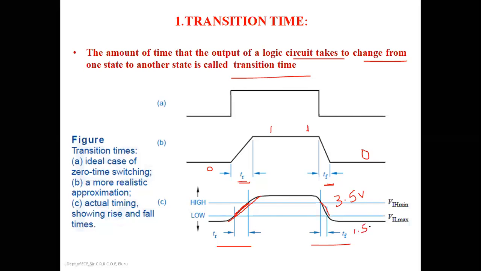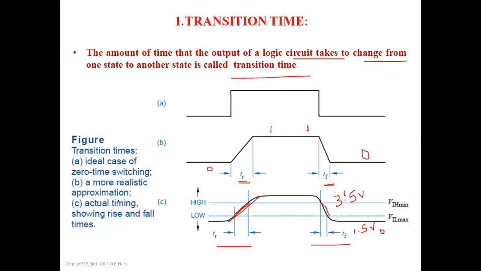These two represent logic 1 and logic 0 of a CMOS logic. So if you know the time response at these two values, the difference between these two gives us the rise time and fall time of the CMOS device.